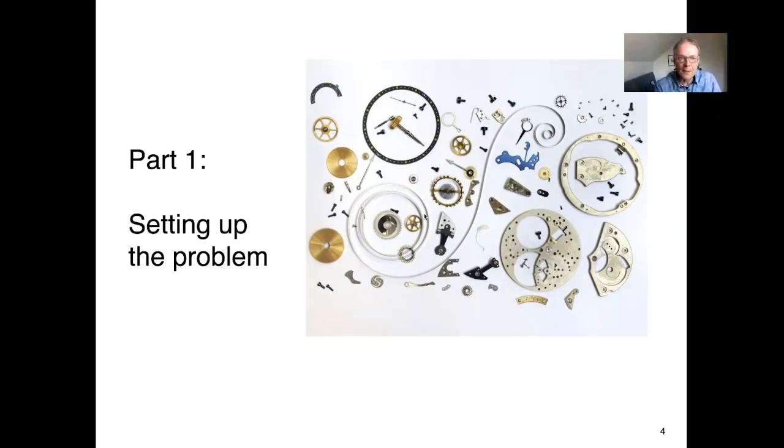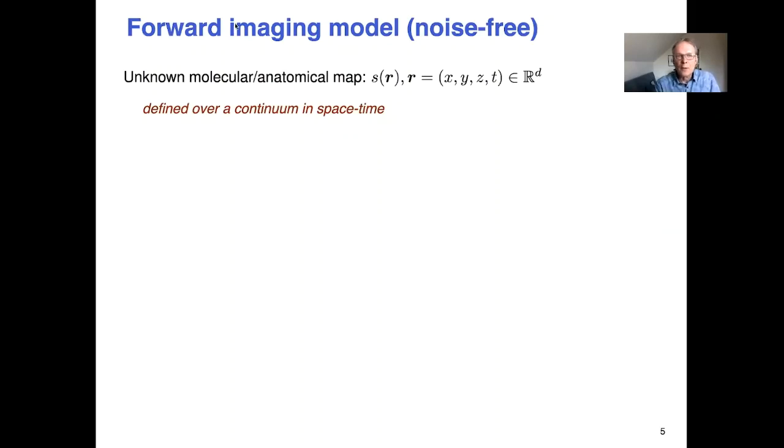So, to set up the problem, we really want to talk about the building blocks. Okay, forward imaging model. This is what we need to describe the physical process where we go from, for example, an unknown density of protons when you do MRI, to the measurements.